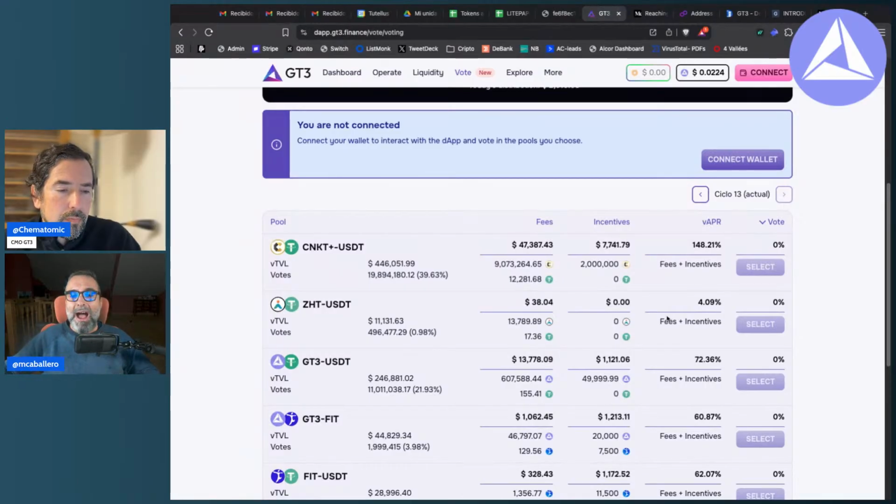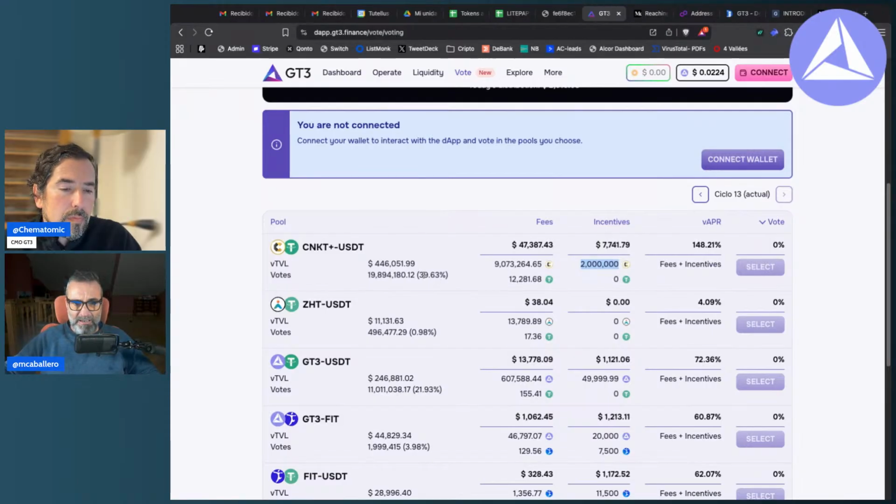So, for example, why is CNKT increasing in value and the liquidity pool is growing and so on? Because the project is incentivizing this month with 2 million tokens that at the actual price is like $7.7K.